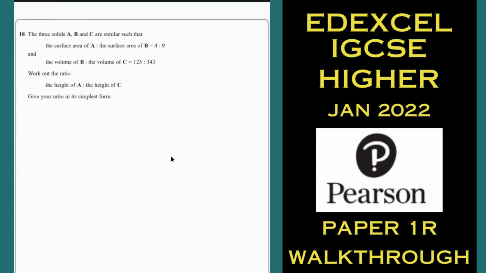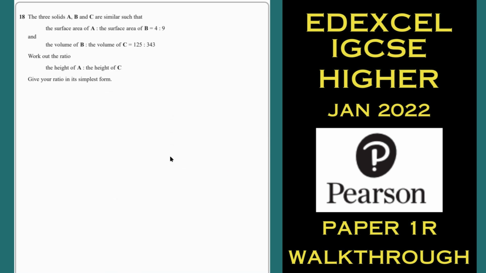That's not great either. Anyway, number 18 is all about linear scale factor. So when you've got this top bit of info, let's look at surface area going from A to B. How do you turn the number 4 into the number 9?